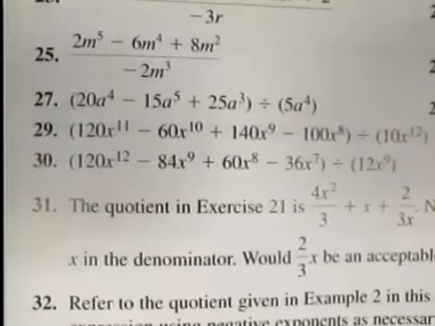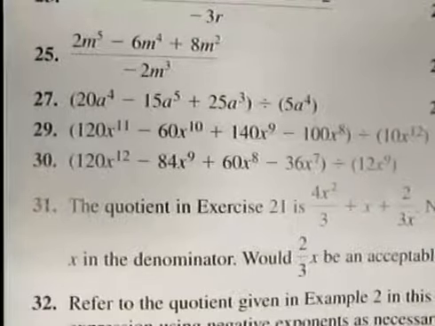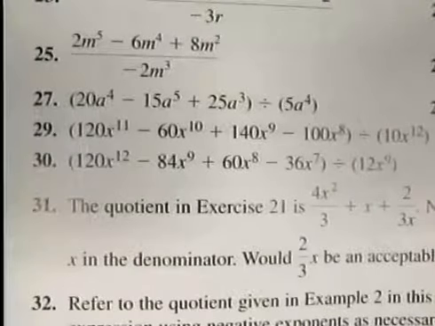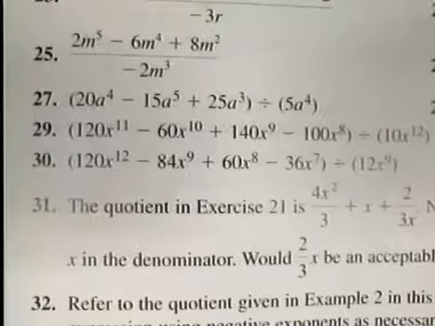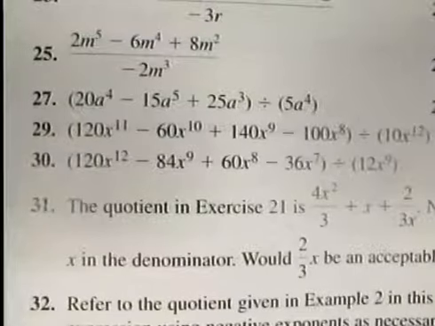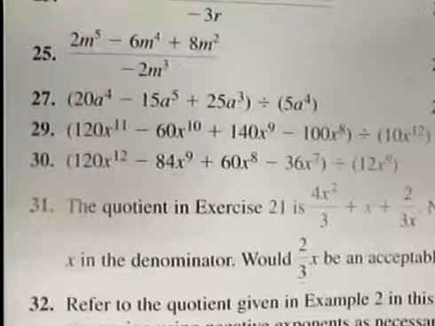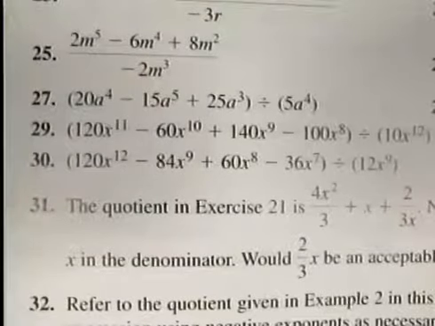120x to the 12th, etc., divided by 12x to the 9th. Something like this might be inclined to the long division process. But again, it's sort of a dicey proposition. Be careful that everything is in descending order, and I think we're okay, but look at 27. I just noticed something there. In 27, what would you be more inclined to do?